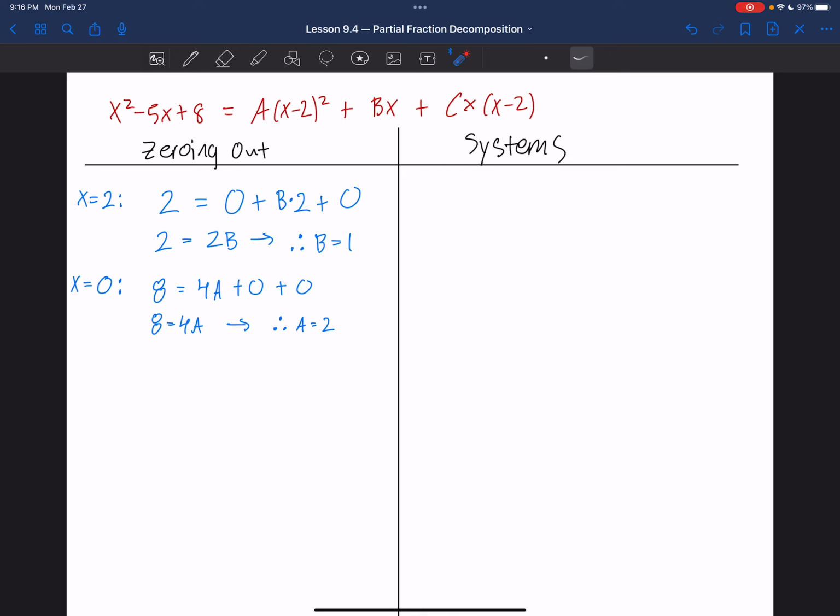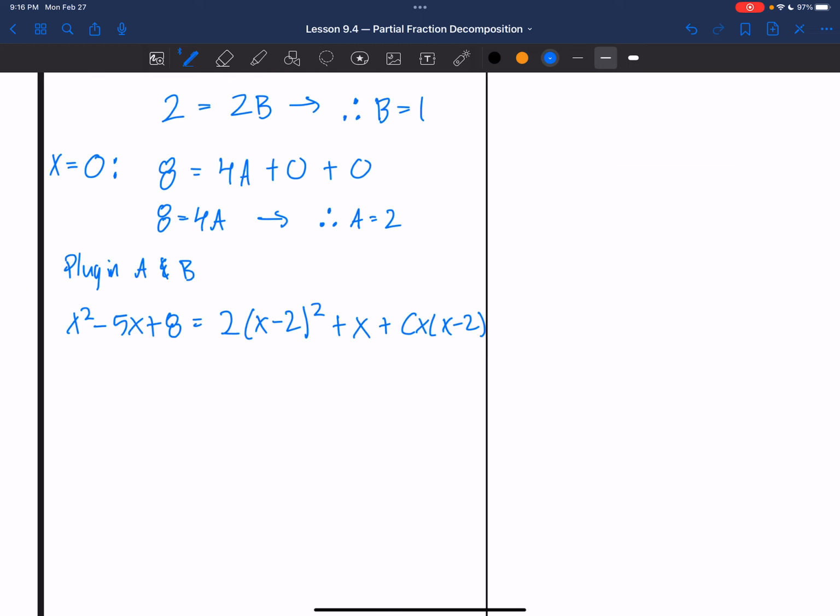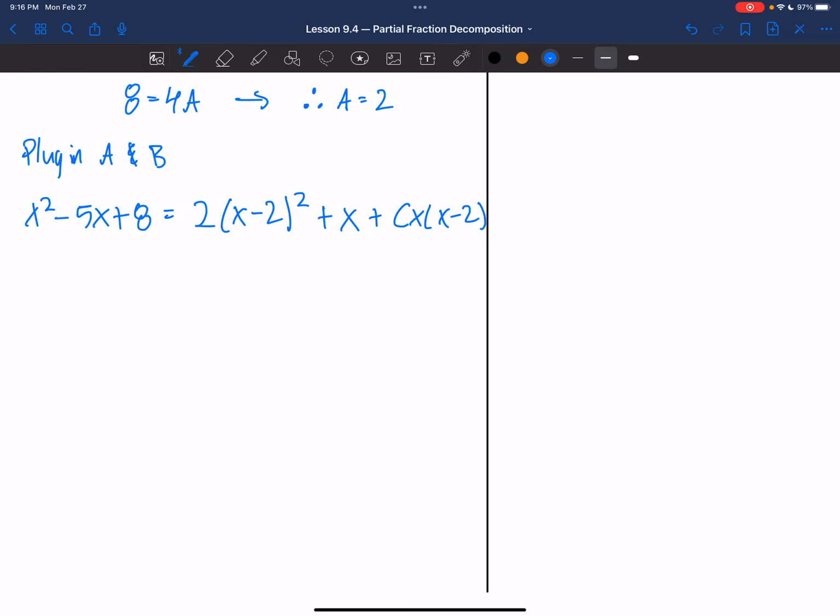So let's plug in a and b. Then I have x squared minus 5x plus 8 equals, a is 2, so it's 2 times x minus 2 squared plus 1x plus cx times x minus 2. And now you want to figure out what c is.